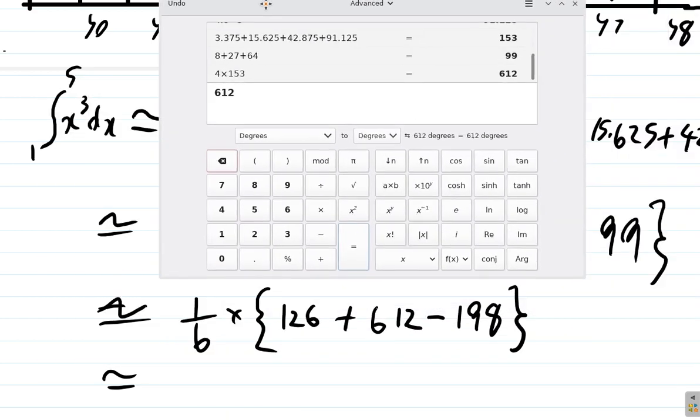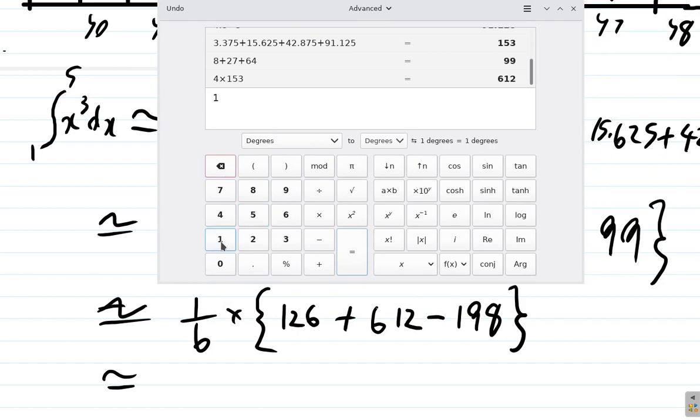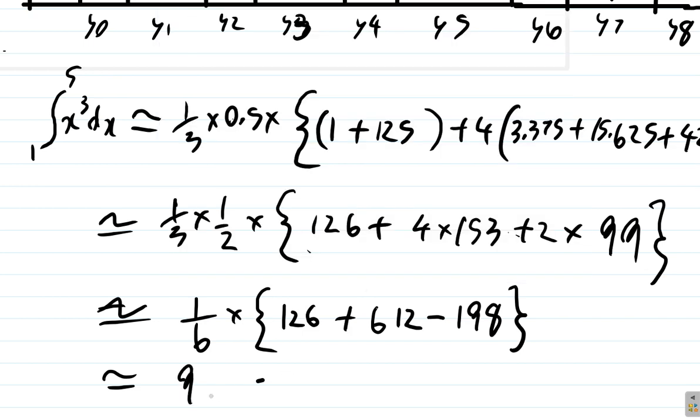We get 126 plus 612 minus 198 equal 540, times 1/6, which is the same as dividing by 6, equal 90. We have 90 as our answer. 90 units cubed, cubic units.